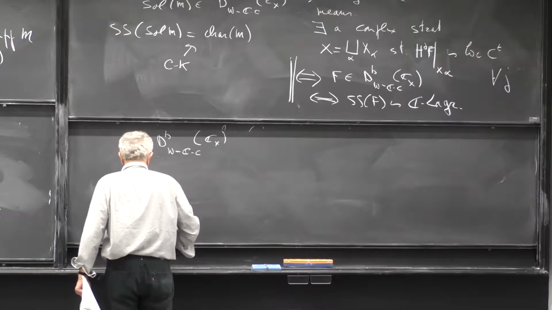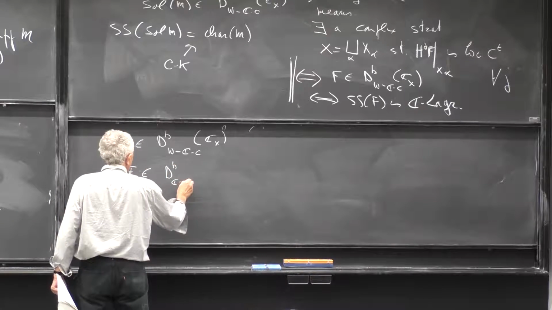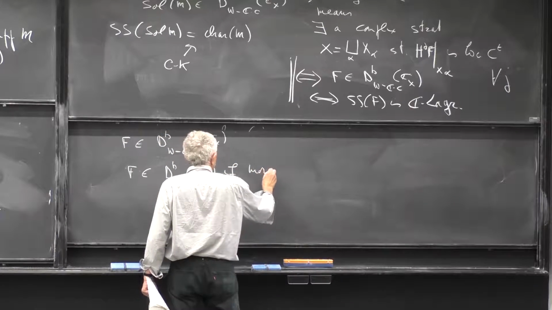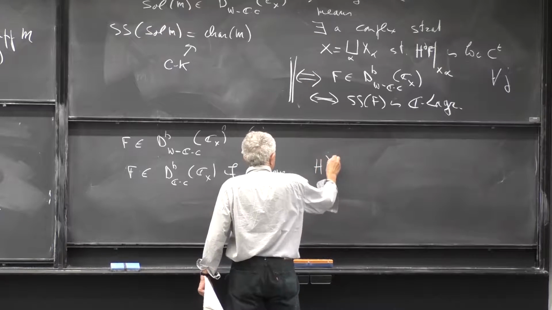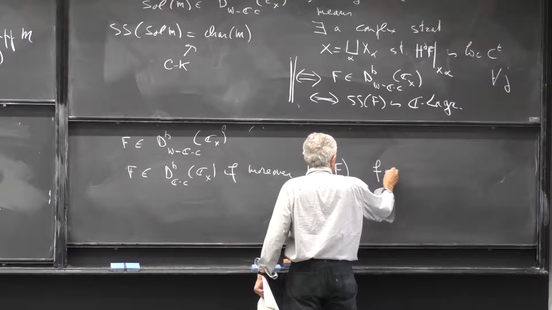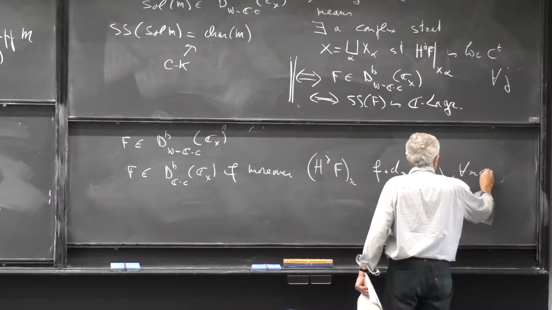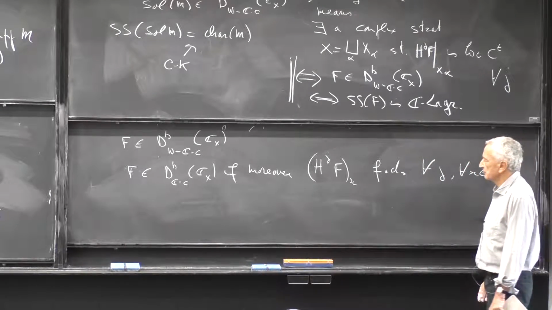We say that F is constructible if, moreover, the stalk H^j(F)_x is finite dimensional for any j, any x in X. Okay? There is a finiteness condition, moreover.